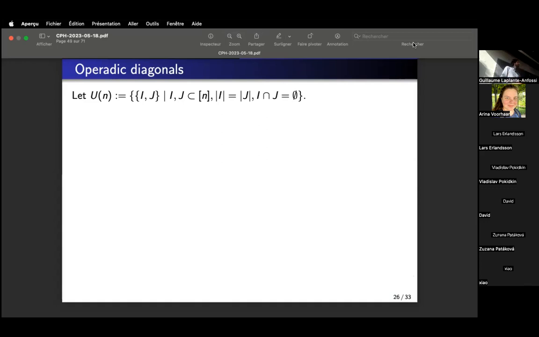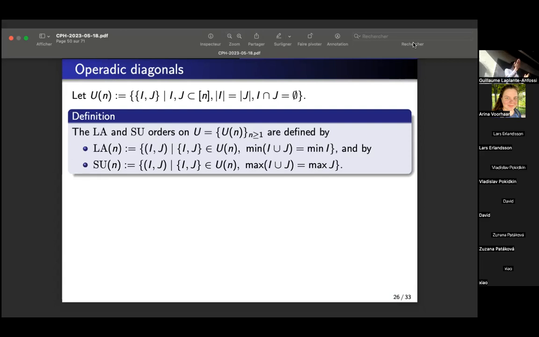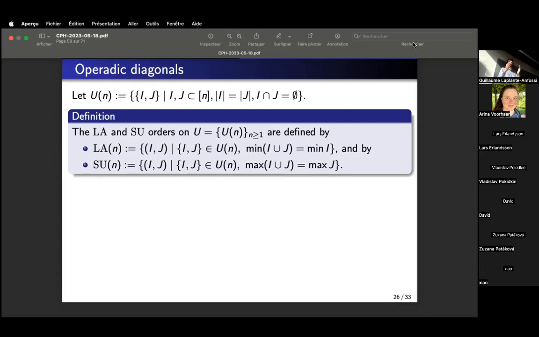And let me give you the two vectors that give operatic diagonals. So first we look at the pairs of subsets of 1 to n that have the same cardinality and that have empty intersection. And now we're going to order these pairs by asking first that the minimum will be in the first term, and second that the maximum will be in the second term.